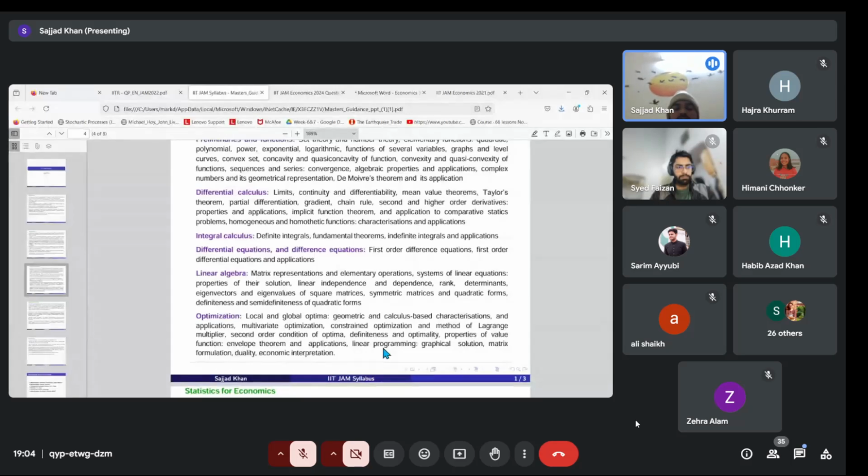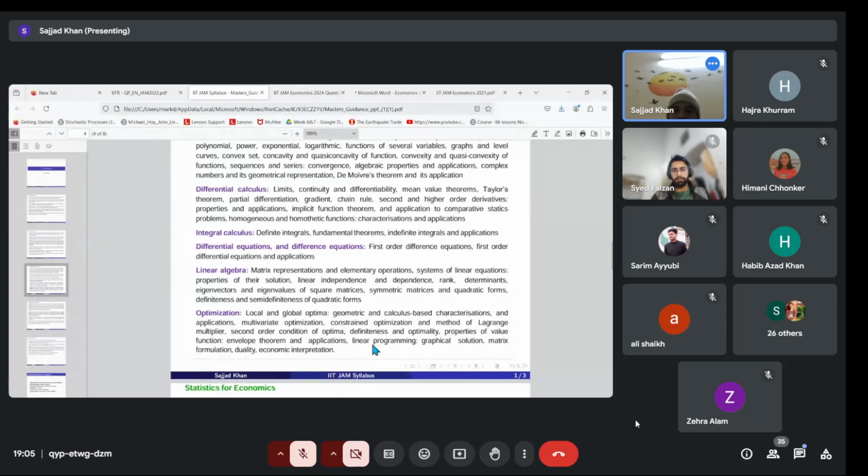Duality is definitely the most important here, where they ask about the dual and the primal questions. In optimization, the simplex method is most important, where some data will be given. On the basis of this, you have to find the constraints and the optimization function.